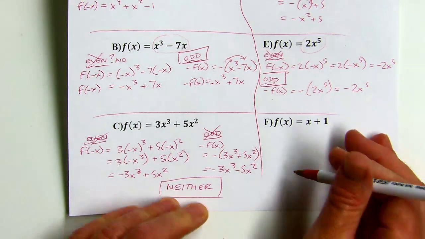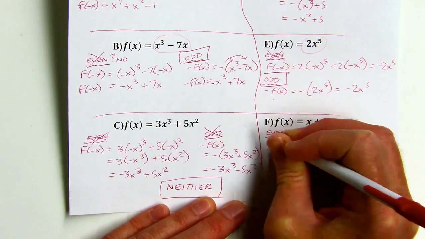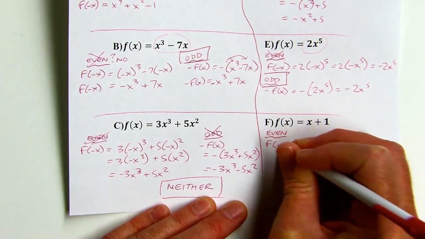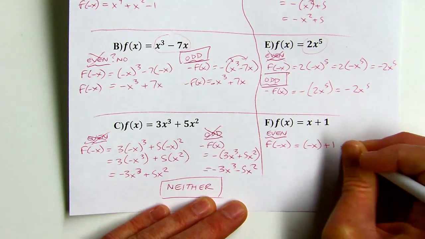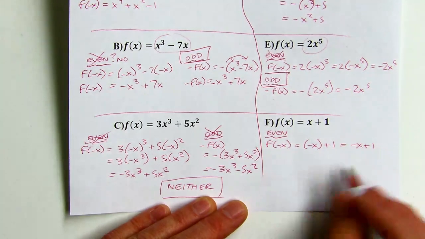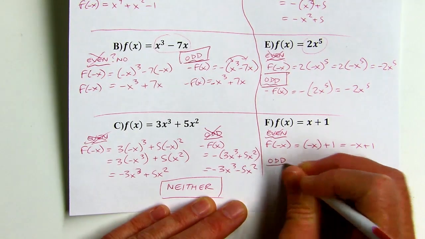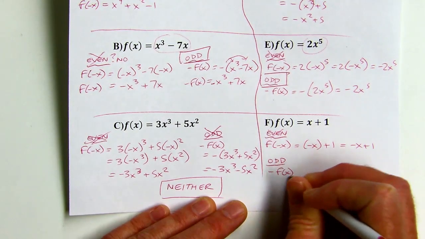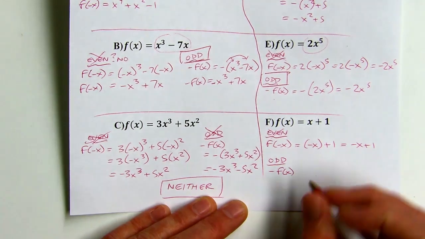All right, let's test this one. Let's see if it's even or not. I'm checking f of negative x. It's not even, right? That's different than the original. Let's test if it's odd. I want to see if this comes out the same as f of negative x, so if it comes out to negative x plus 1.